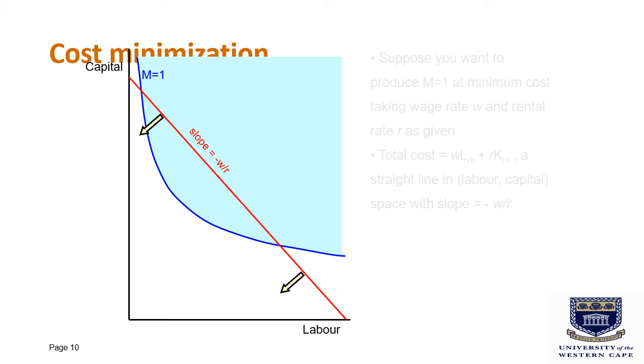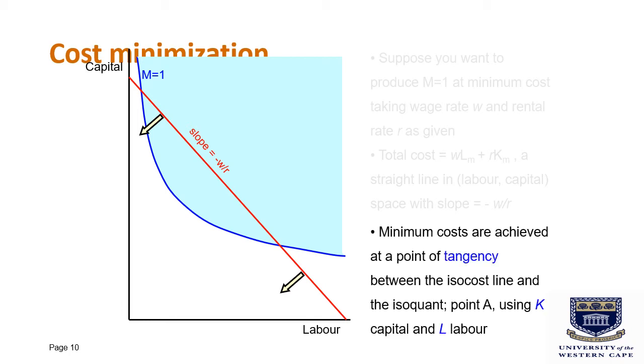So we need to take this line and shift it downwards, up till point A. That gives us our cost minimization point. Because we shifted this line downwards up till the point of tangency, that determines the amount of capital and labor that we need to employ to produce the output of 1.